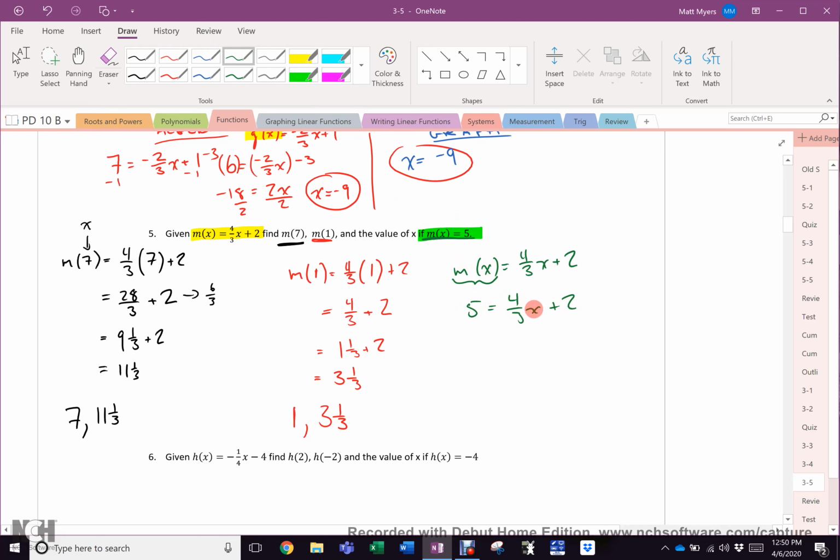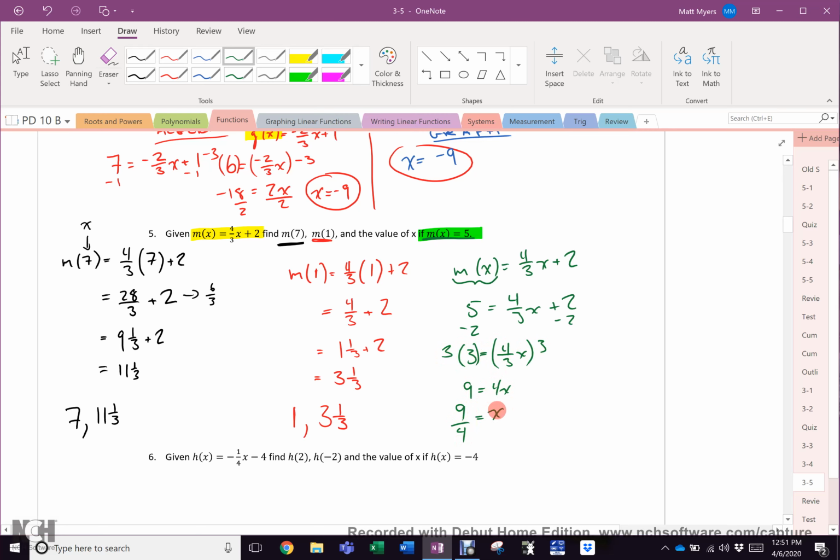Now I solve for x because I don't have an x value. Minus 2 minus 2, 3 equals 4/3 x. Times by 3 to get rid of the fraction. 9 equals 4x. X equals 9/4.